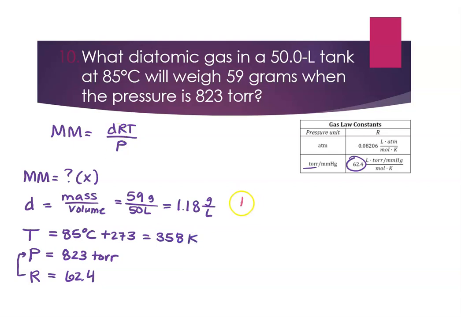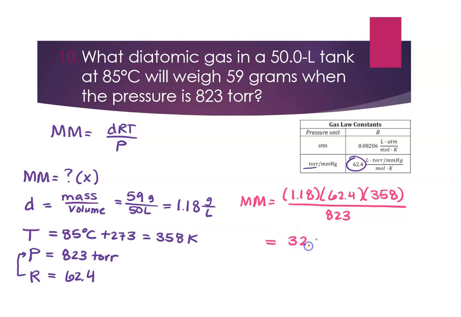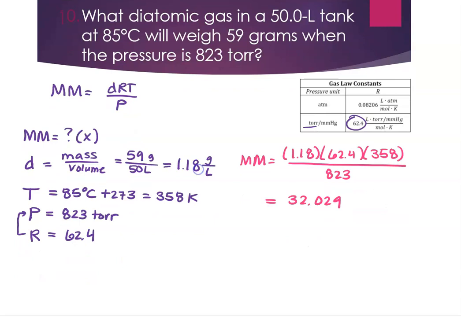And then we solve, so MM is equal to D, which we said was 1.18, R 62.4, T is 358, and P is 823. All right, so when we do this math, we get 32.029, and then everything here is 3 significant figures. So my answer here will be 32.0 grams per mole.